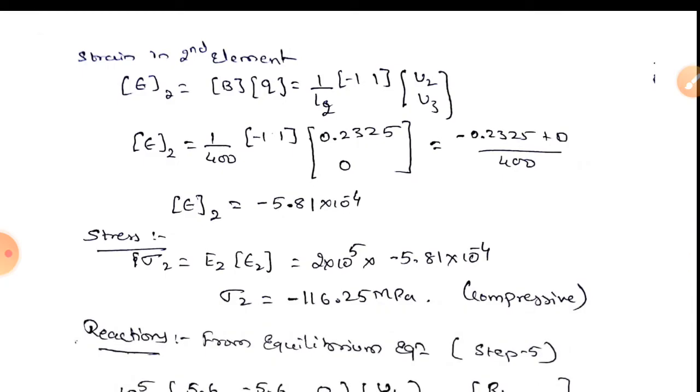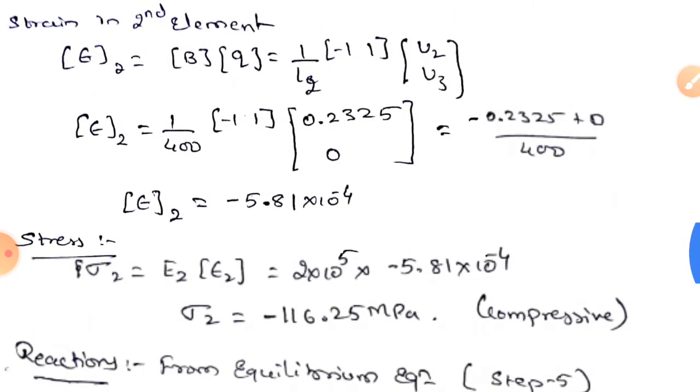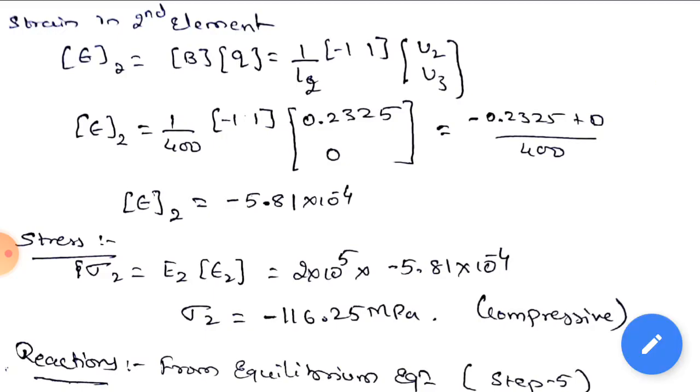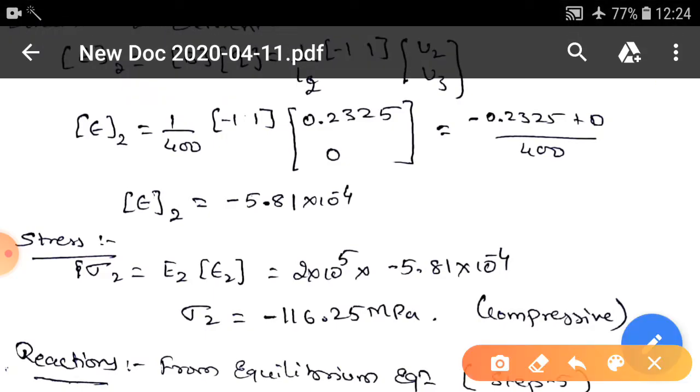Calculate the strain in the second element. Again the same, B into Q. The displacements associated with element 2 are u2 and u3. u2 is 0.2325 and u3 is 0. Similarly, simplify it. You multiply this row with this column and you will get the strain, minus 5.81 into 10 to the minus 4.